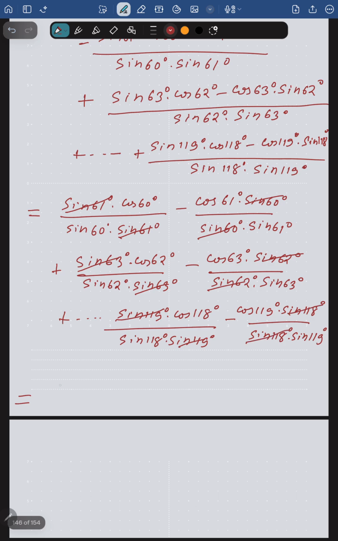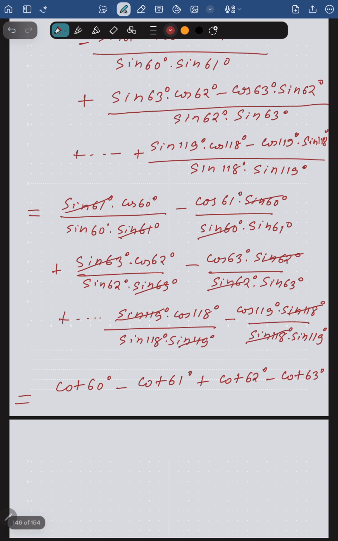You will be left with cot 60 degree in the first term, minus cot 61 degree in the second term, plus cot 62 degree in the third term, minus cot 63 degree in the fourth term.